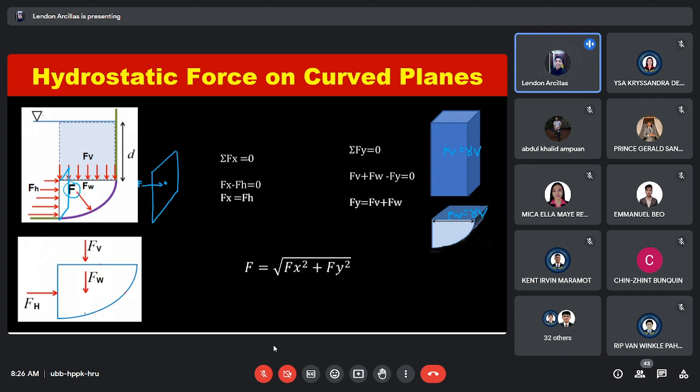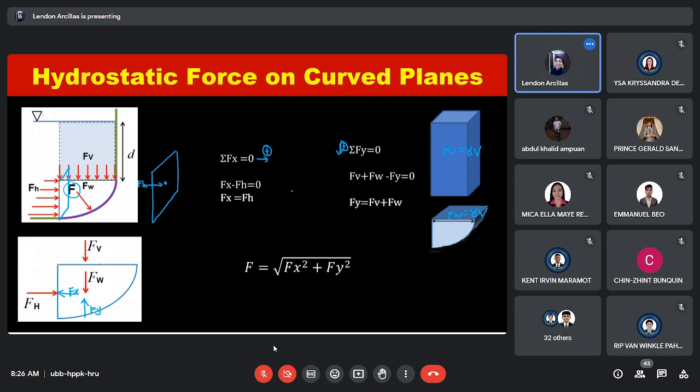So, the summation of F of X is equal to 0. Therefore, F of X is just equal to F of H. So, same lang yung F of X sa F of H. Since may counter dito, F of X and F of Y is countered by F of W and F of V. Okay? So, therefore, F of Y is equal to a summation of forces, downwards positive, right side positive.